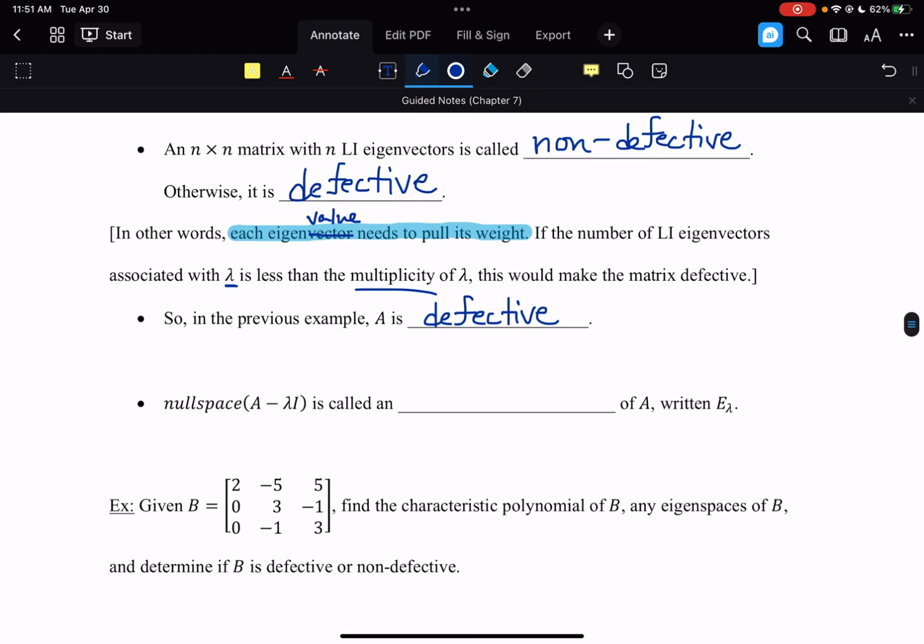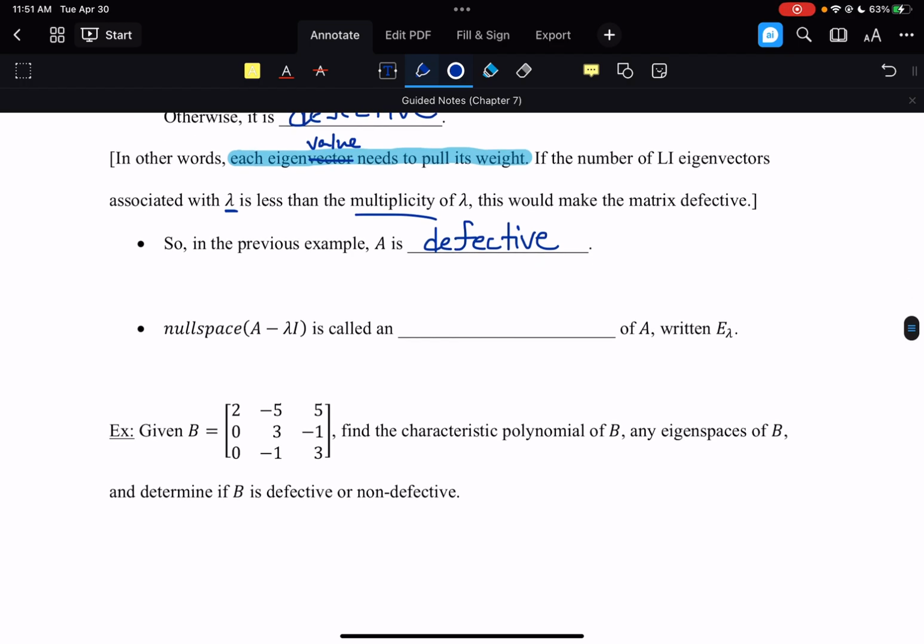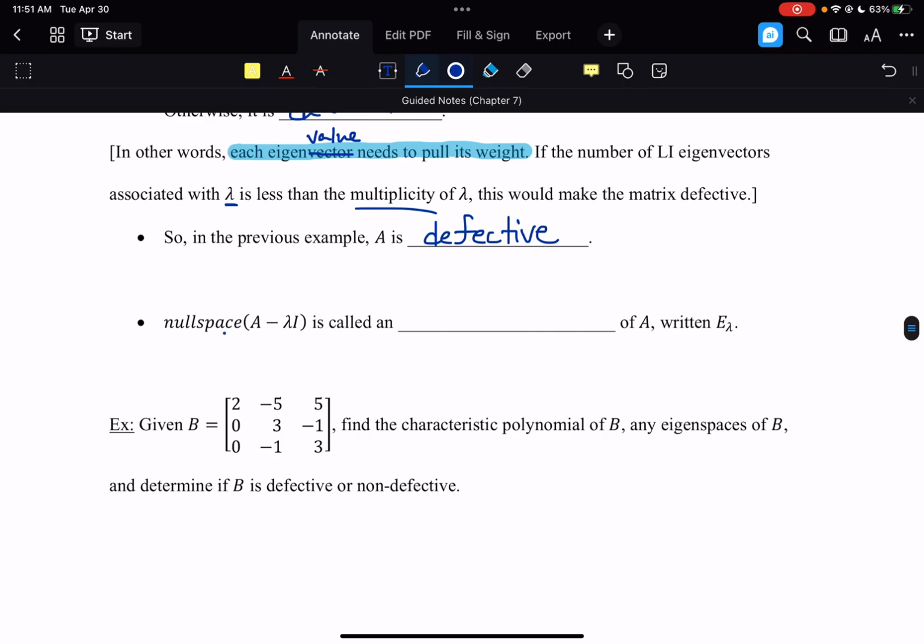Moving forward, another piece of terminology for us to take note of: the null space of that square matrix A minus lambda I, because this comes up so frequently, we don't call it the null space of A minus lambda I anymore. We call this an eigenspace.